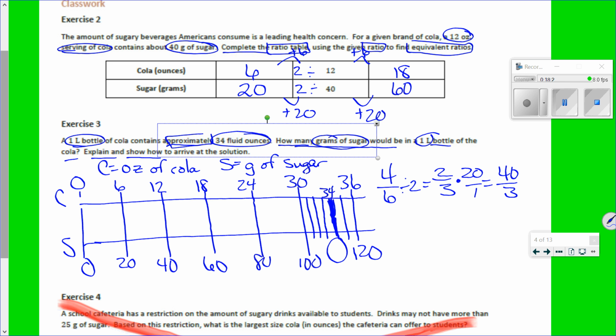And then I simplify. Turn this into a mixed number. How many times will 3 go into 40? Kenzo? 13 and 1/3. So 13 times, there's 1 left over. 13 and 1/3. So what is the distance that is 2/3 of the way between 100 and 120? 13 and 1/3.